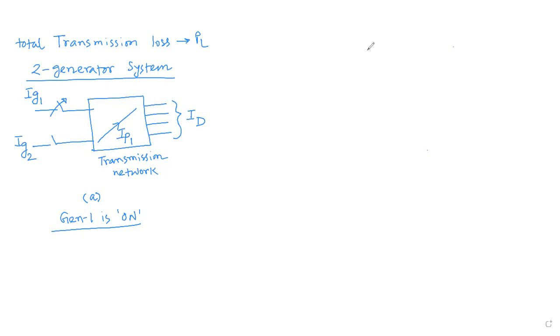In case B, we will simply do the reverse. IG1 becomes inactive, so the switch becomes open, while IG2 becomes active.